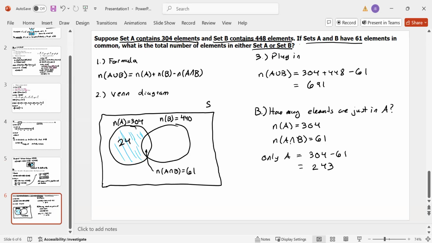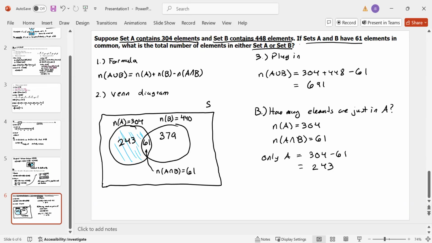So this is 243. This is 61. And if I wanted it for B, I could do 440 minus 61, and that would be 379, right? So that's how many elements are in each little circle. Again, maybe a problem doesn't ask you to do that, but in the event that they do, they could.